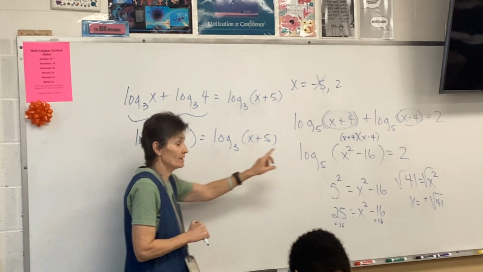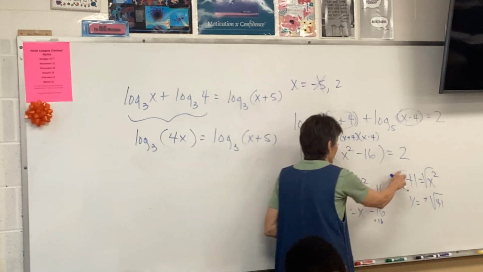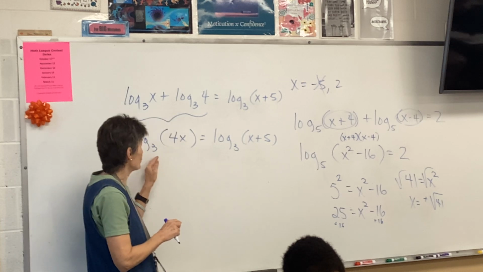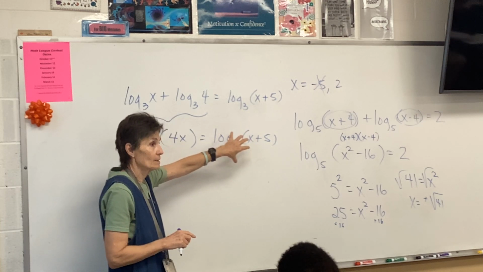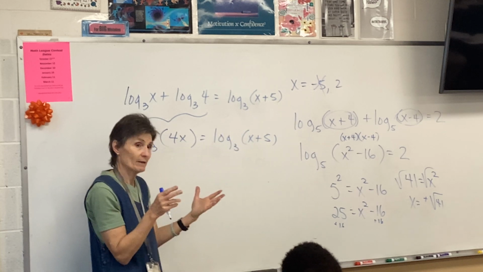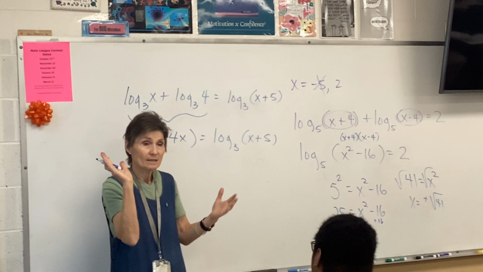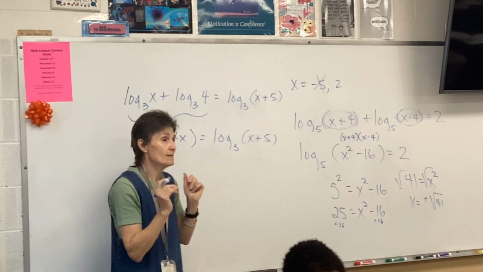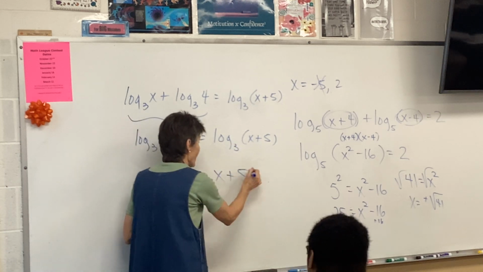It's different than over here. Over here, we were able to loop-de-loop. We are not able to do that this time because this isn't a number. This problem's even easier. Think about it. If the log of this equals the log of this, doesn't it make sense that 4x has to equal x plus 5?